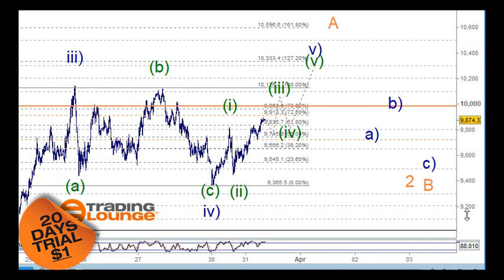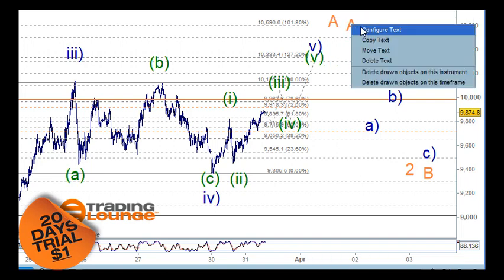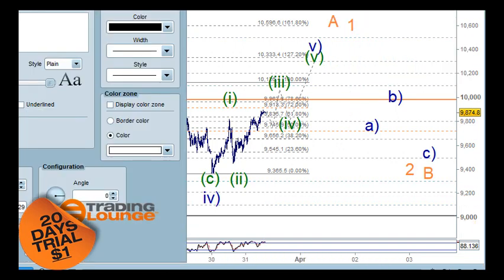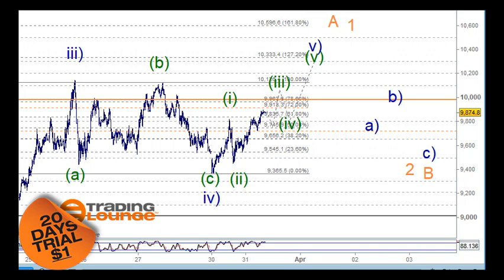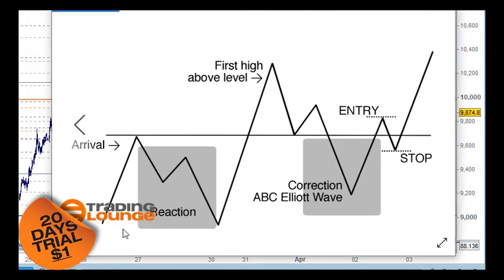It's not like I don't have any long trades in this, but this is where they will be over here. And of course, this can also be wave 1 as well. But we'll go step by step. I'm just saying there's the classic trading levels where we have the arrival, the reaction, the first high above the level, and then this move here. That would be this picture. So this is where our long trades will happen on the euro side of things.